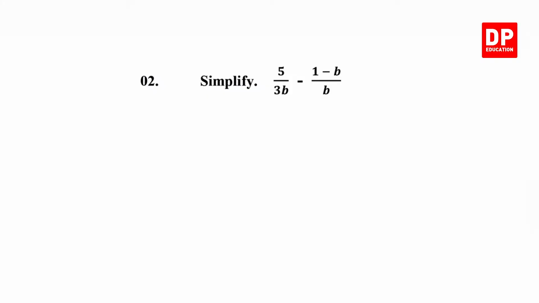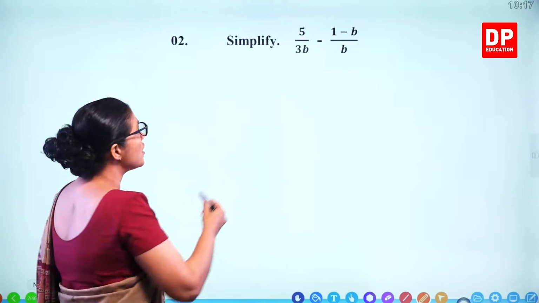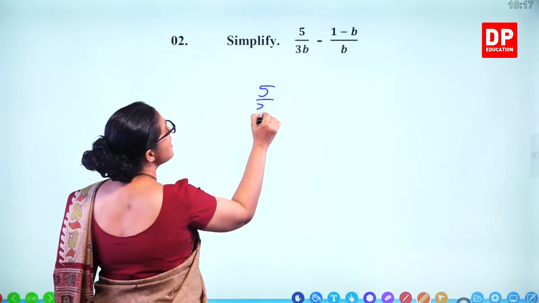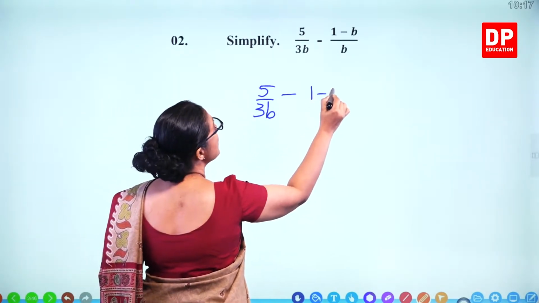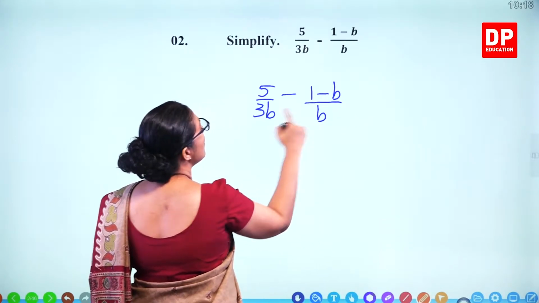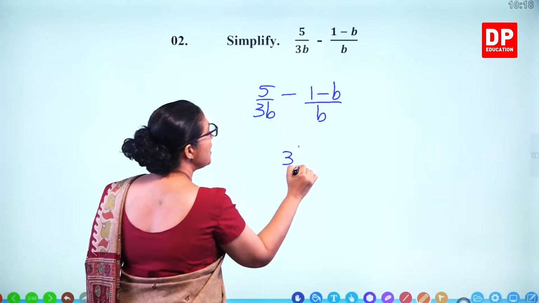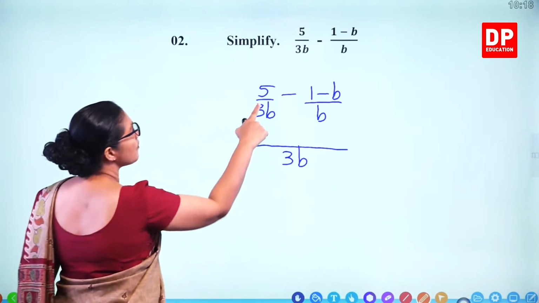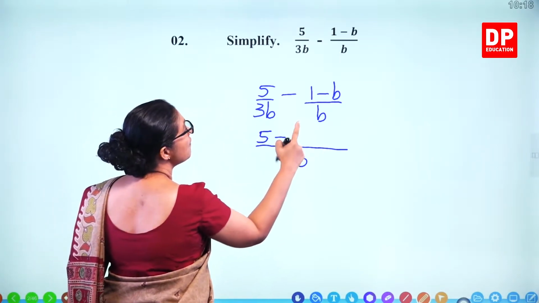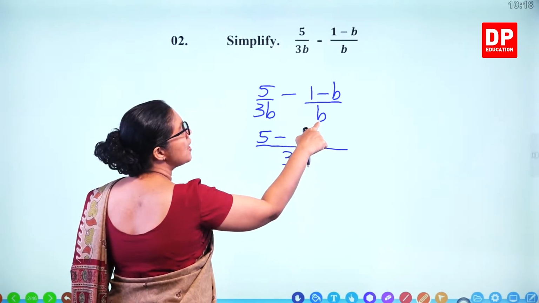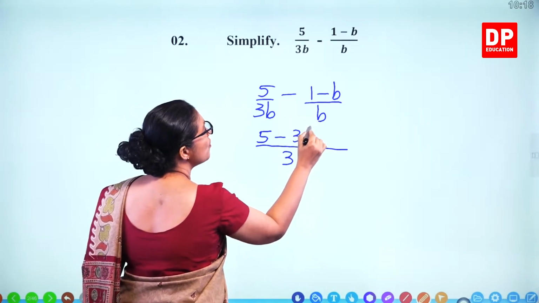Question number 2, simplify the algebraic fractions. So you have to make the same denominator. What's the lowest common multiple of 3b and b? That's 3b. So you get 5 here. Convert to 3b, multiply by 3. Make sure that you put brackets.